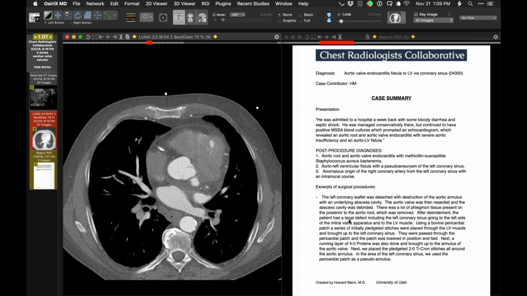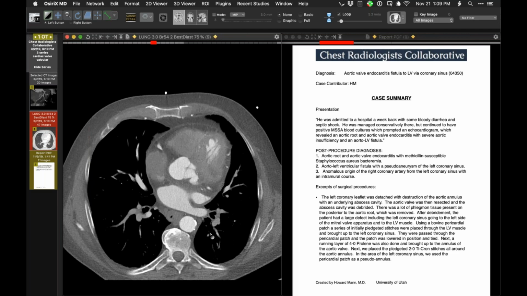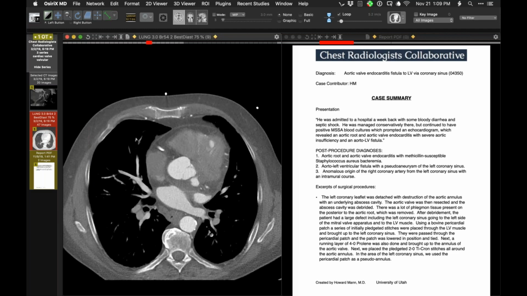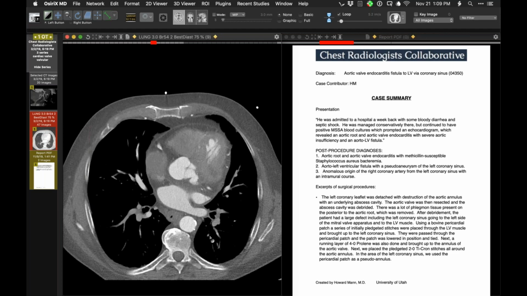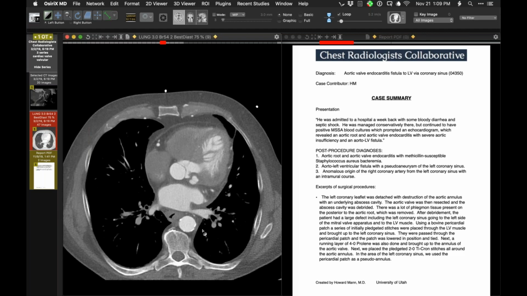They had a large defect. They had to fix that with a pericardial patch in that location to fix the sinus. And then they put in a valve. So, yeah, nice correlation between what we see on imaging and the findings at surgery. Again, attributed to Staph aureus bacteremia and aortic valve endocarditis.